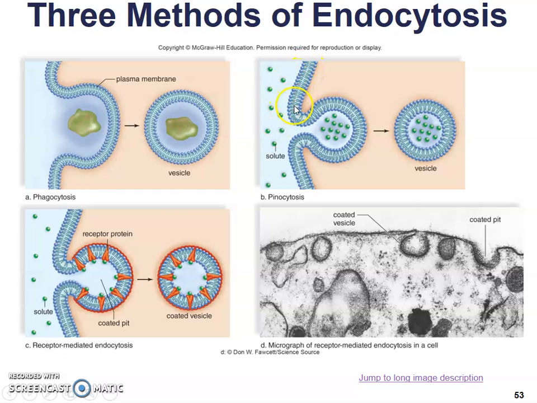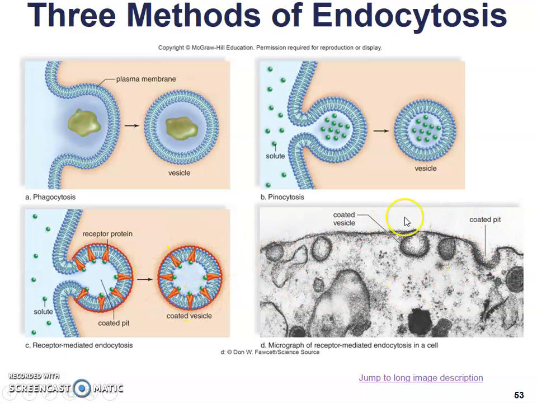The membrane pinches in around it, forms a vesicle, and it moves into the cell. And here we have receptor proteins that are bonding to a very specific thing. And once they are all bonded with whatever it is that they're looking for, the membrane will pinch in and it will move that vesicle into the cell.